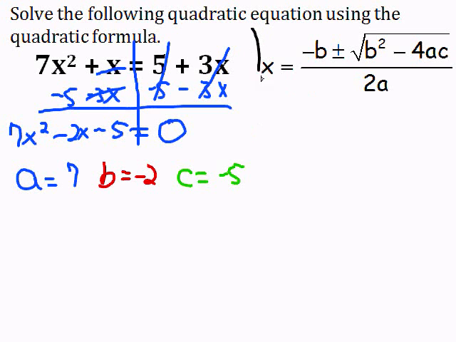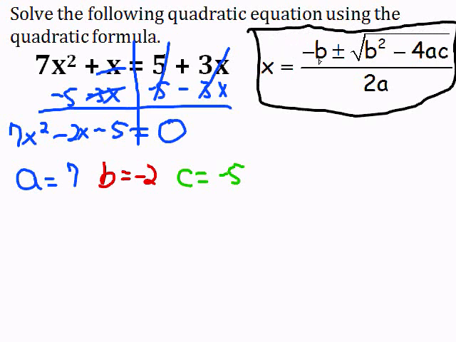So I've got the quadratic formula here, and I'm going to substitute in first just so you can see that step, and then we're going to go ahead and simplify as much as possible.